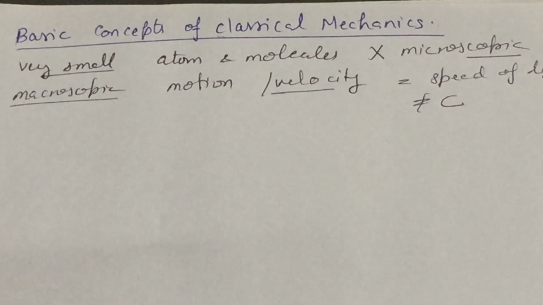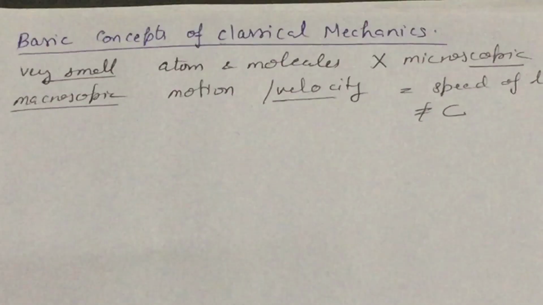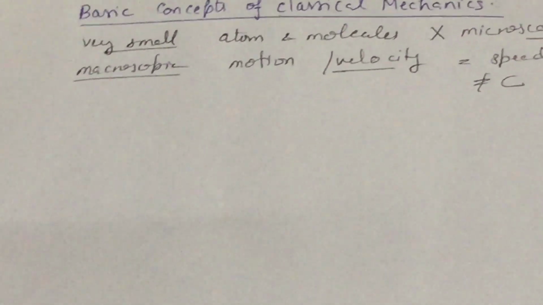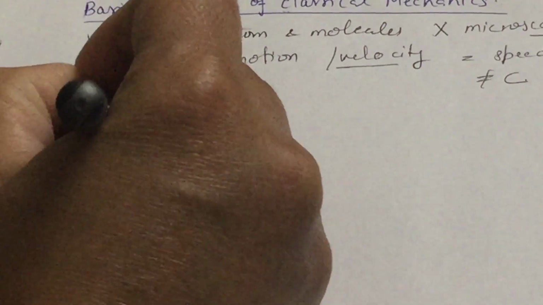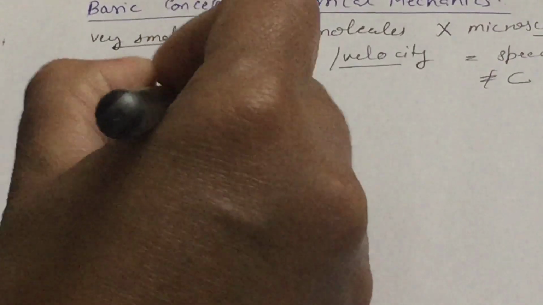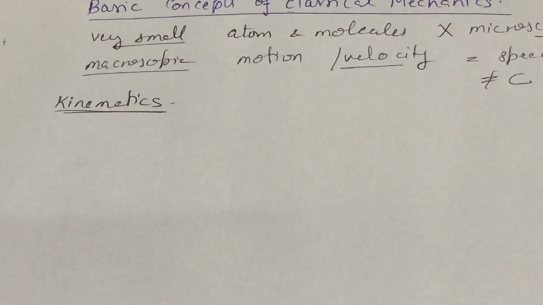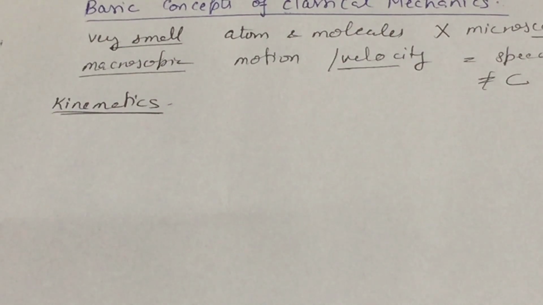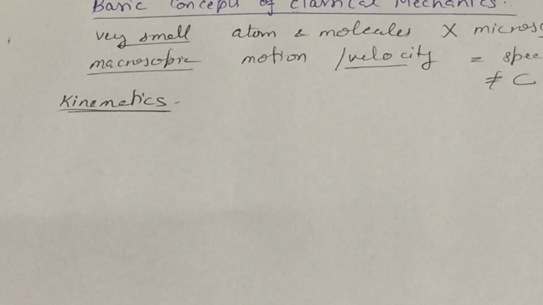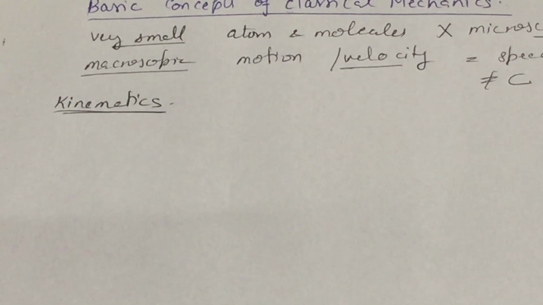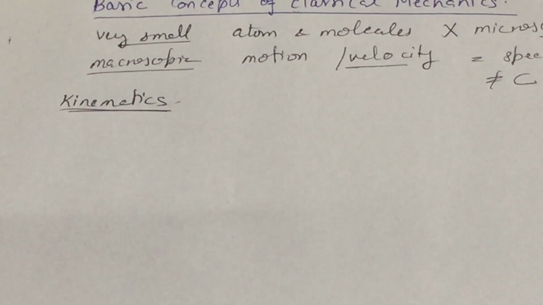Classical mechanics is divided into three subsections, that is, three parts. One is known as kinematics, which you already studied in your 11th class. It is the branch of classical mechanics which deals with particles which are in motion, but the cause of the motion is not known. We do not know what type of forces are causing that motion.